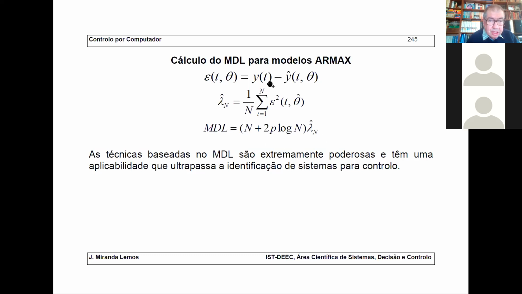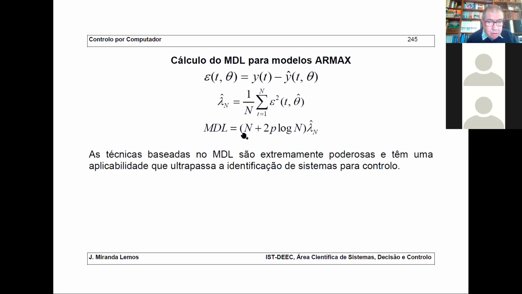It depends on this epsilon, which is the difference between your observations and the estimate of your observations given your model. Okay, so you compute the average of your squared errors, and then you compute the MDL using this formula.